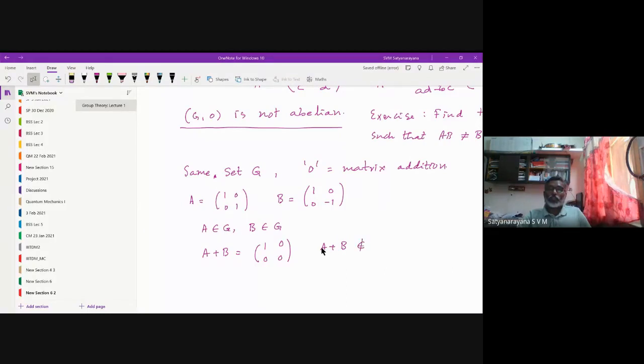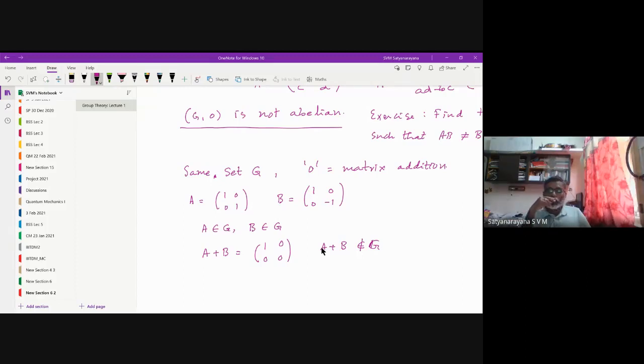So what does it mean? It's not closed. The closure property itself is not satisfied, so it's not a group at all. You understand? When I asked you to try the same G with matrix addition, you were only checking the abelian property, assuming that all other properties are fine. But every time you change anything, you have to check all the properties.